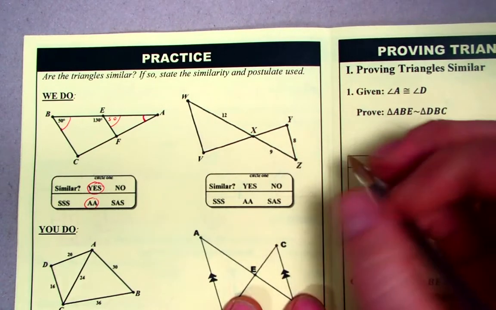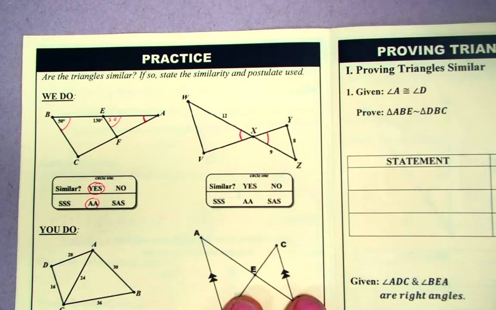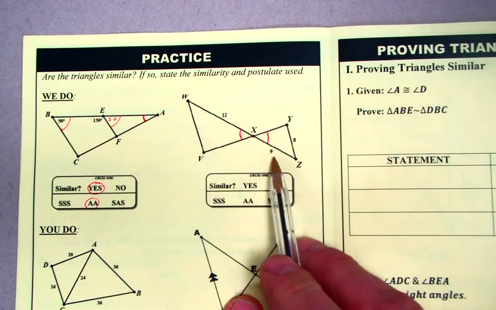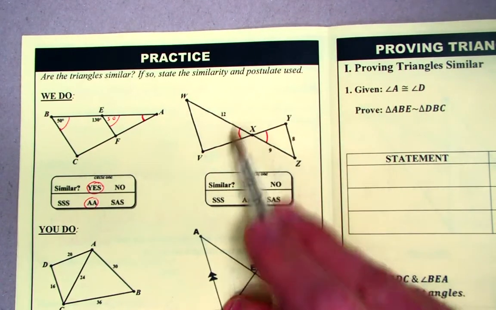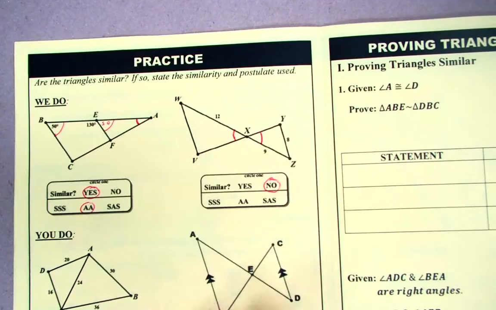Okay, in the next example, we can see we've got vertical angles, so we have at least one angle. And then we have 9 is to 8, or maybe as 12 is to what? Well, there's no other given information, so the triangles are not similar.